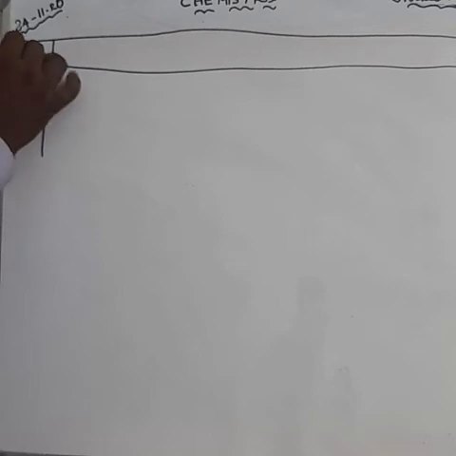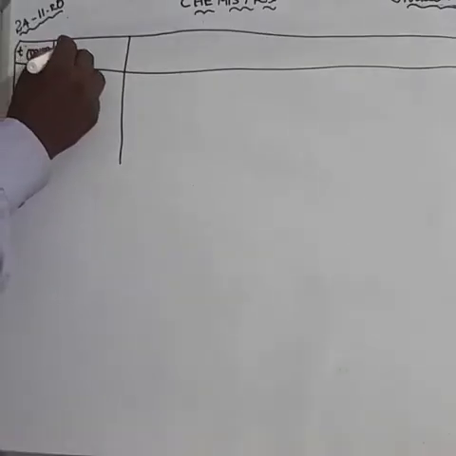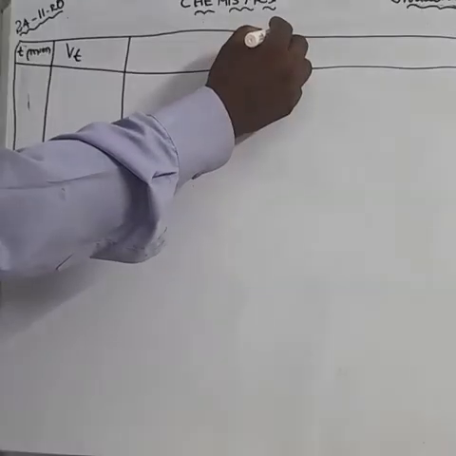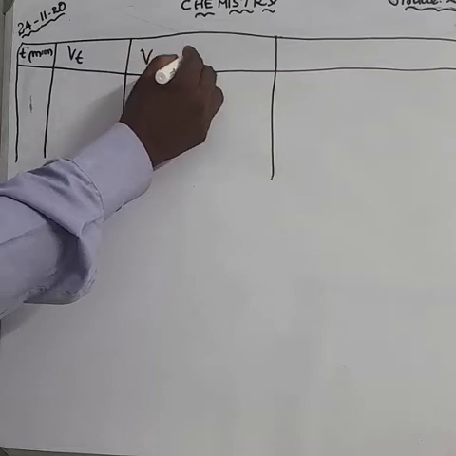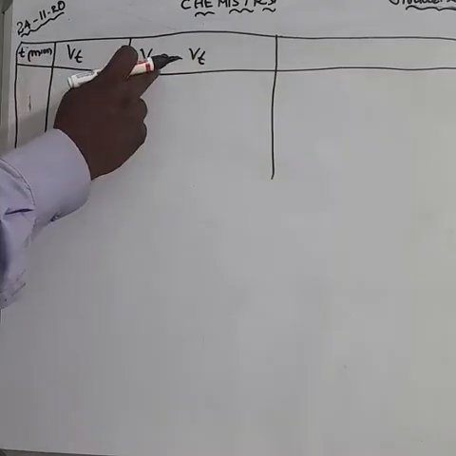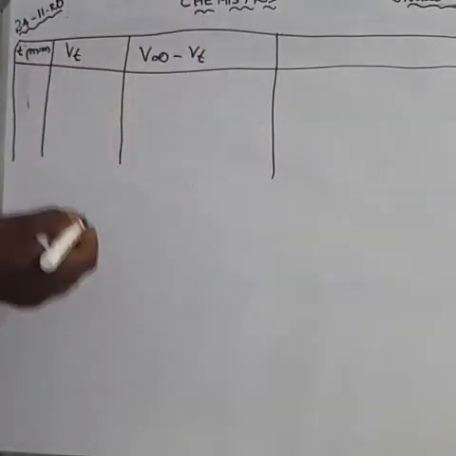This is for time in minutes, t minutes. Next one is about Vt. Next one is V infinity minus Vt. Next we should write the formula. What is the formula?